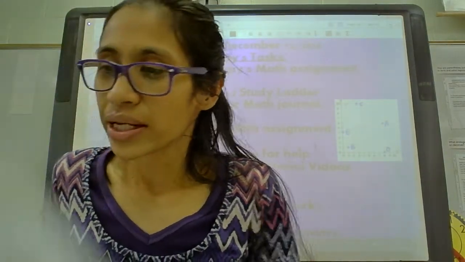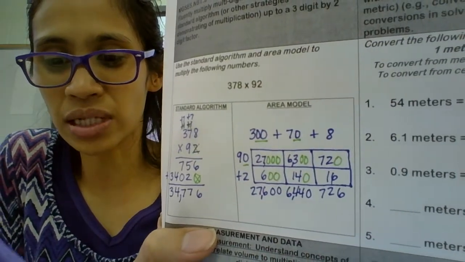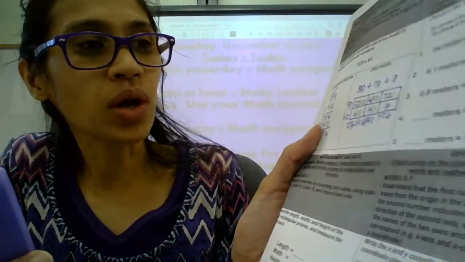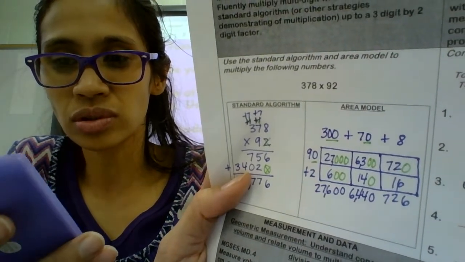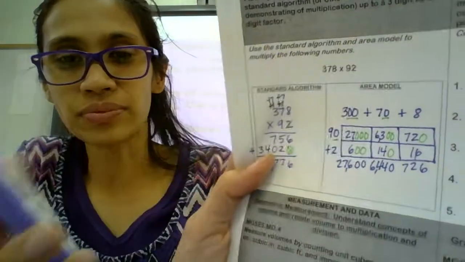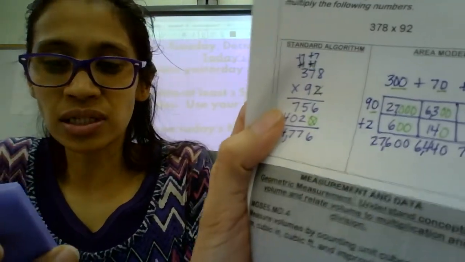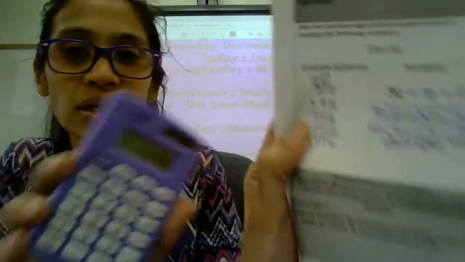Let me see. And so what I'm going to do now is multiply each one to make sure that what I have in the boxes is right. So 300 times 90. All right, 27,000. So that's right. The next one is what? 300 times 2. 600. That's right. And the next one, 70 times 90. 6,300.